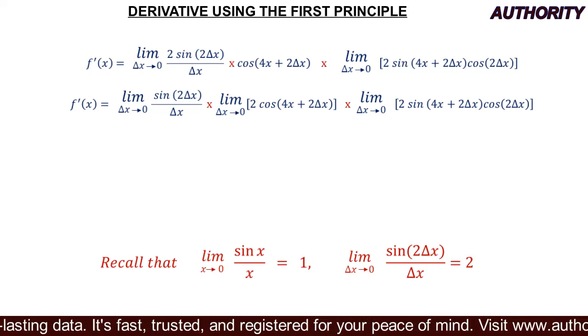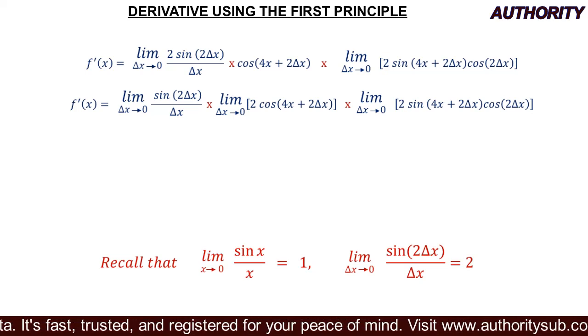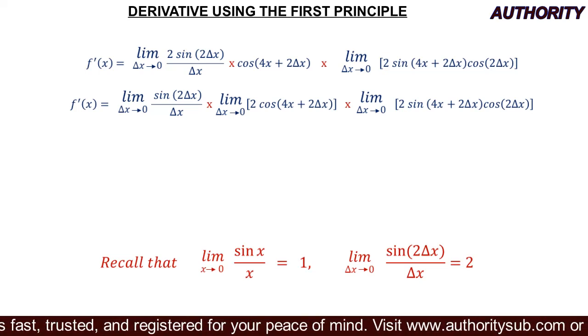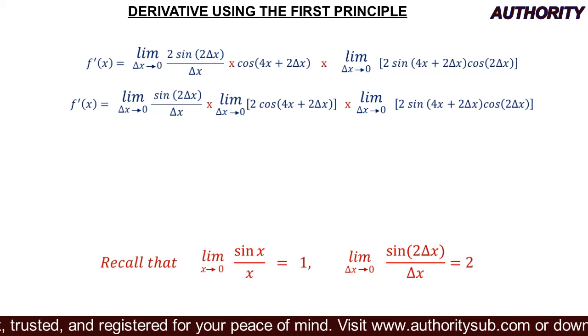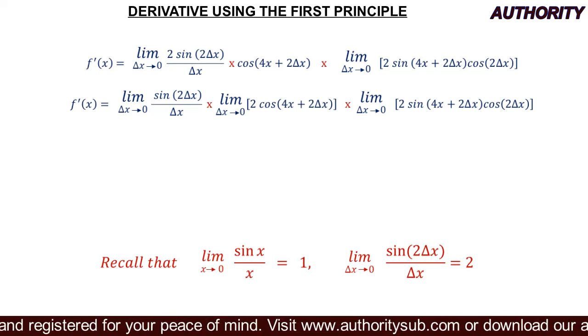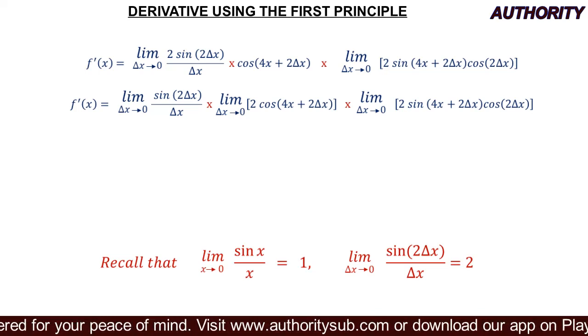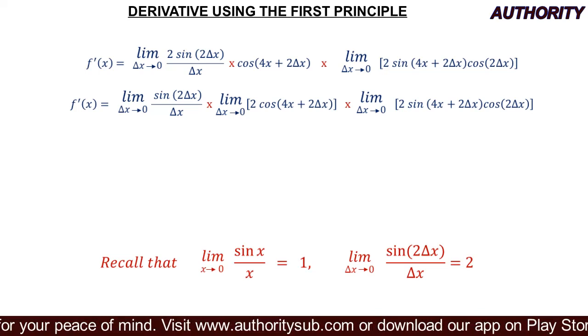Recall that limit as x approaches 0 sin x all over x is 1. So likewise in this place where we have limit as change in x approaches 0 sin 2 change in x all over change in x is equal to 2.